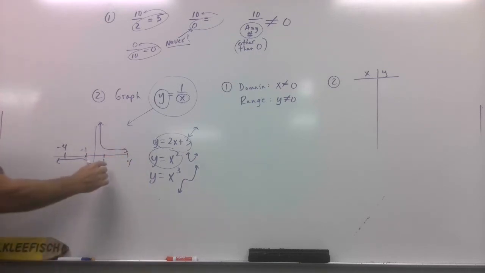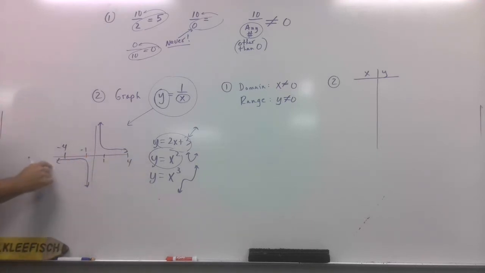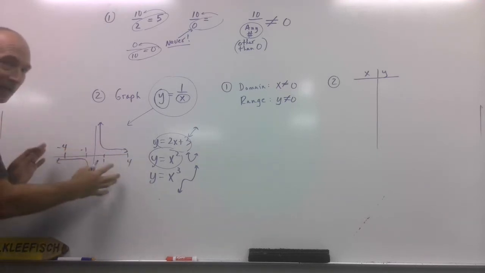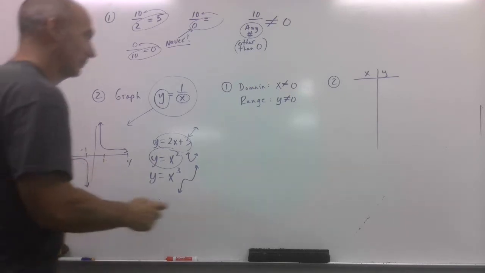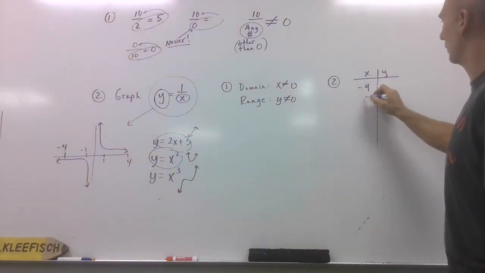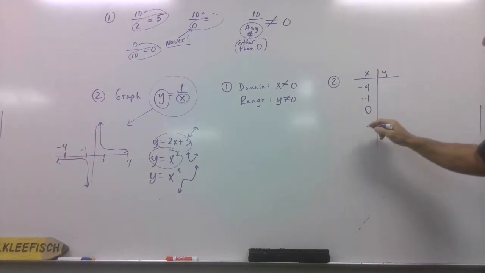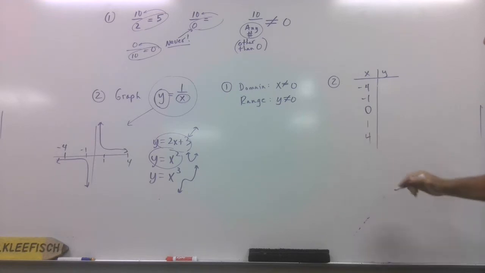Now somebody could have picked 2 and 6, -3, -9. You're going to get a very accurate drawing, but I'm going to pick these. So my x values, I'm going to go -4, -1, I'm going to put the 0 in, talk about that, and then 1 and a 4. Again, you don't need to use these exact numbers.